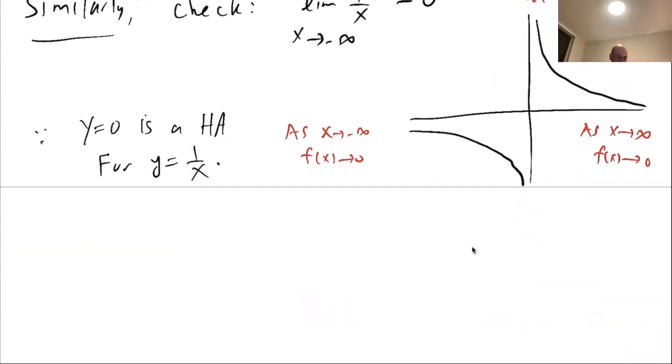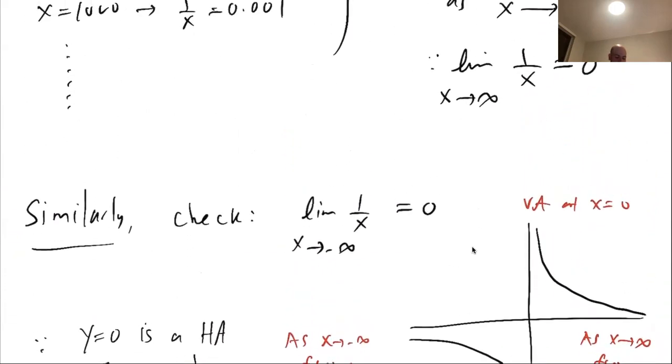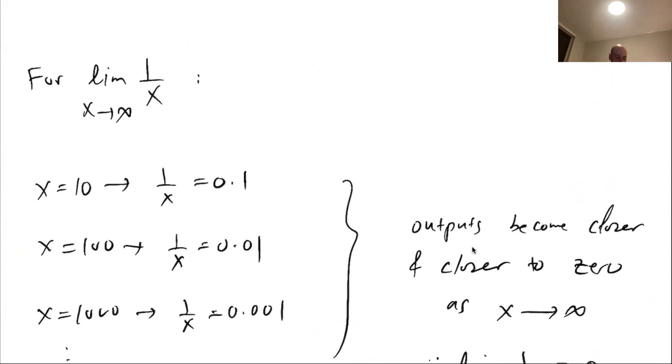So this is one simple example for horizontal asymptotes and limits at infinity. The limit of 1 over x gives the ultimate behavior, or end behavior, of this function.